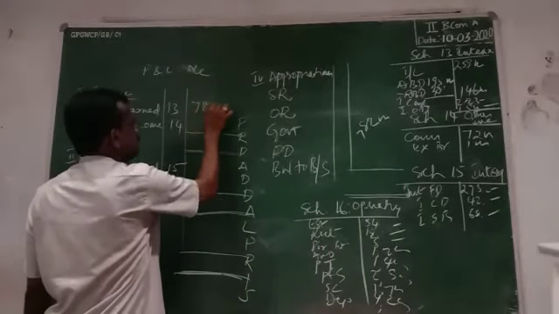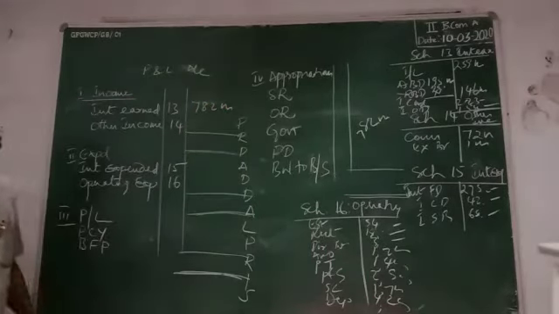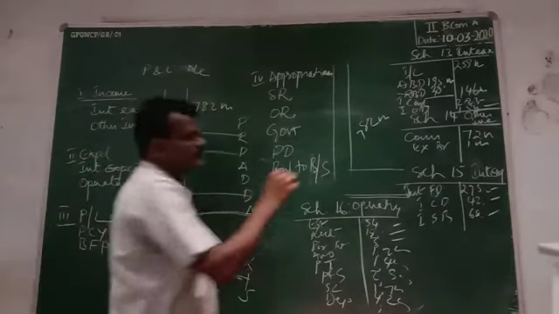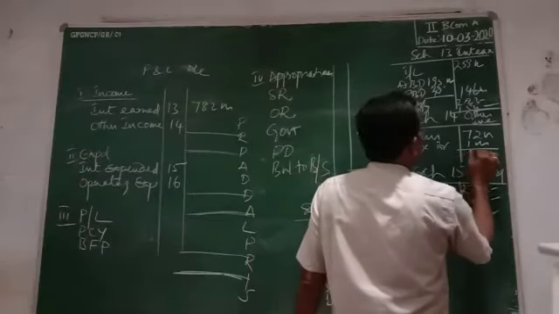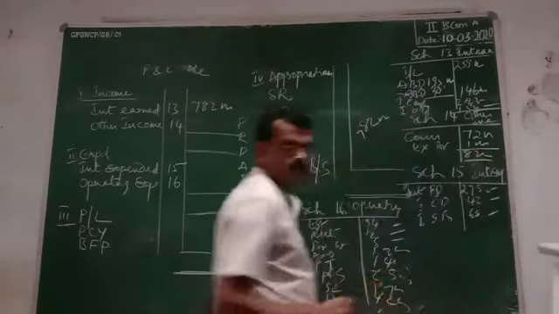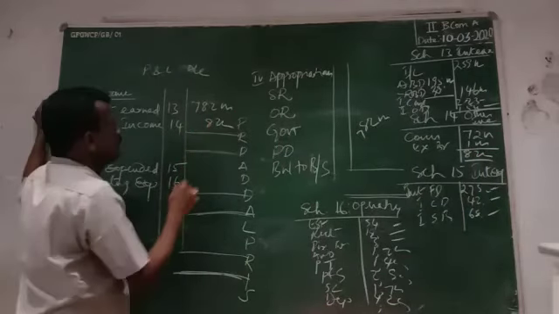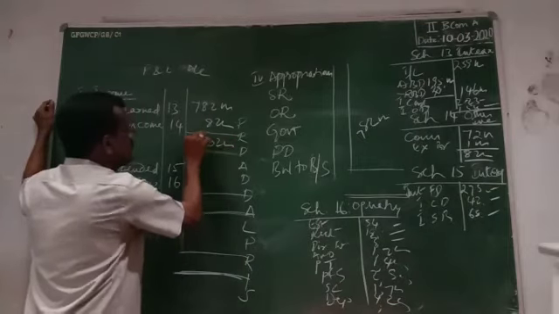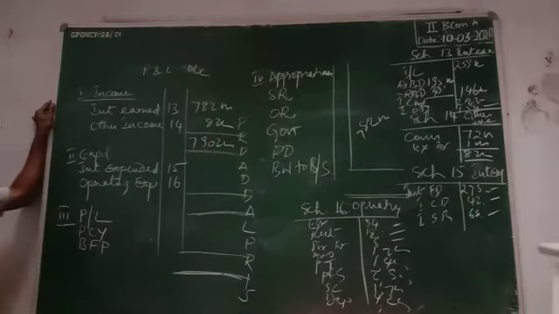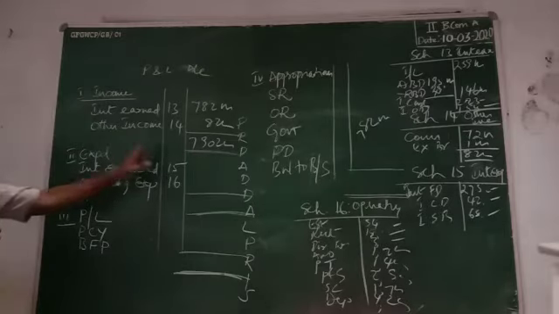Schedule number 13, 7,82,000. And schedule number 14, commission and exchange and brokerage 8,200. So total income 7,90,200 is the total income.